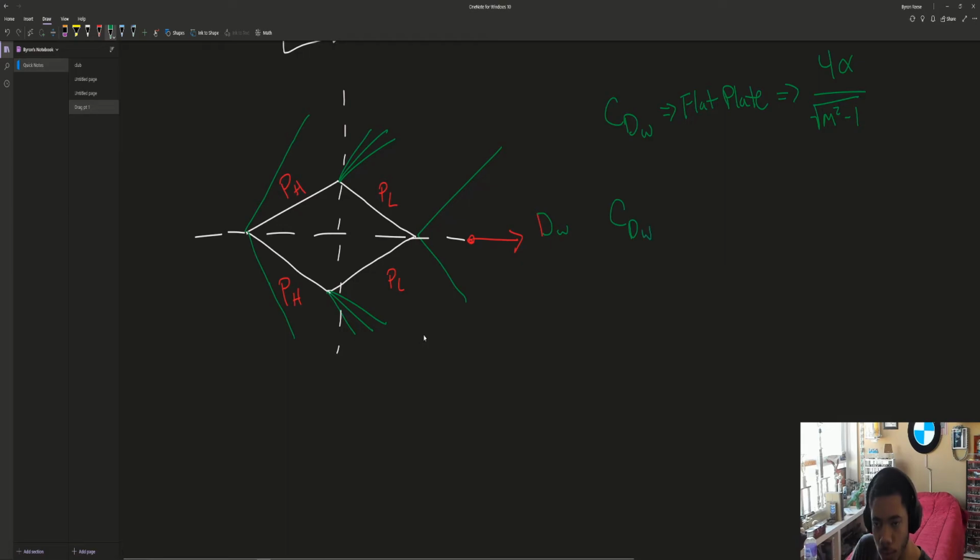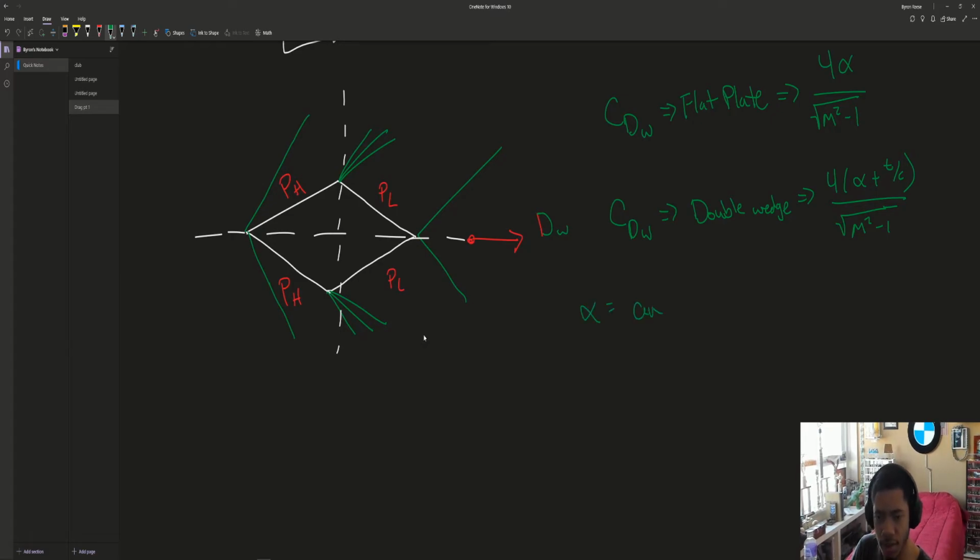Now, for a straight up double wedge, we say it's 4 because the angle of attack was t over c over the root of M squared minus 1.